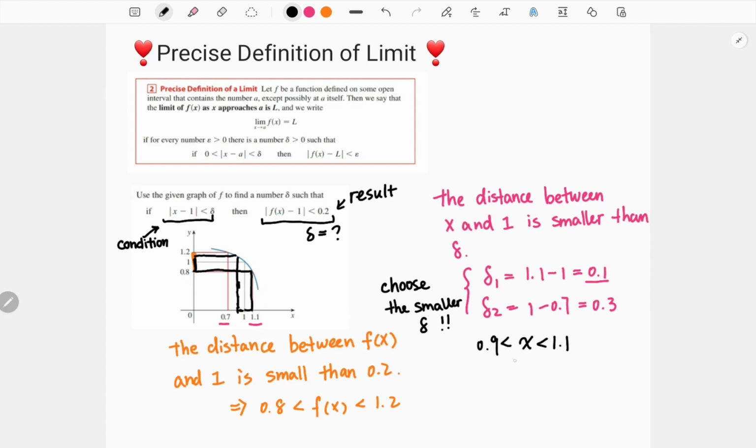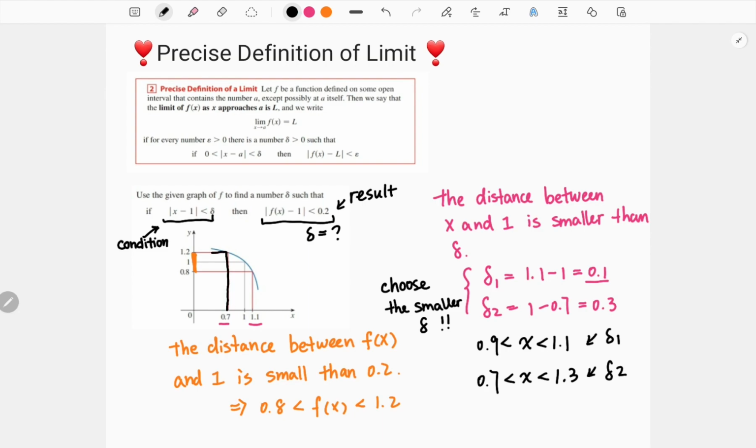Let's take a look at what will happen if we use a larger delta. Then our x will be between 0.7 and 1.4. So this is when we use delta 1, and this is when we use delta 2. Sorry, 1.3. So if we use delta 2, the x value will be between 0.7 and 1.3. Let's take a look. 0.7 is here.